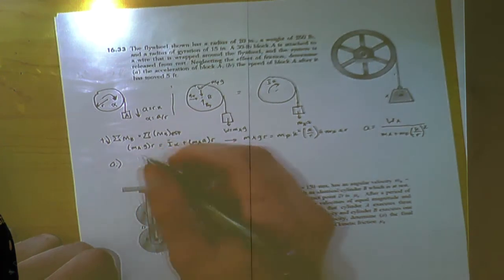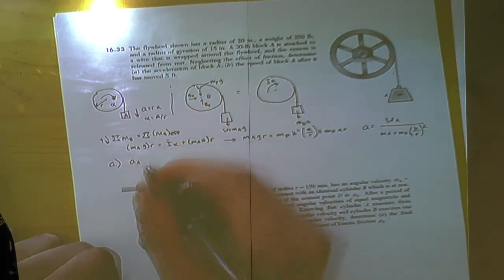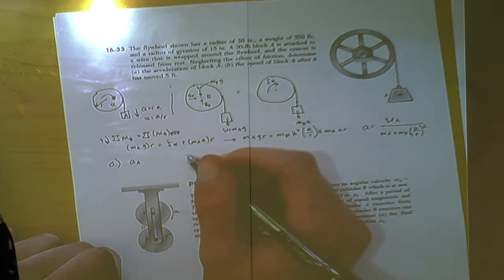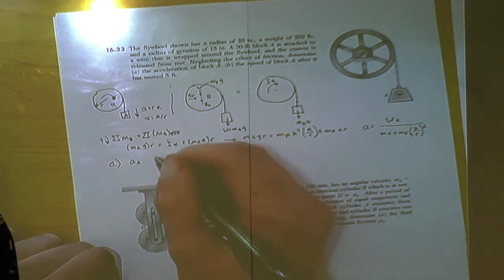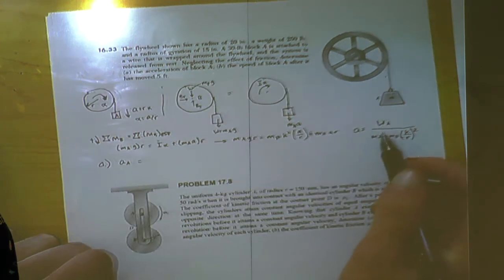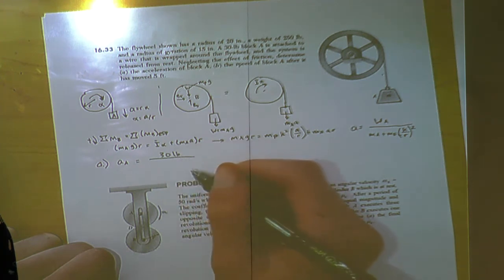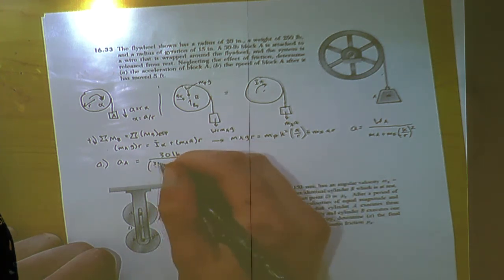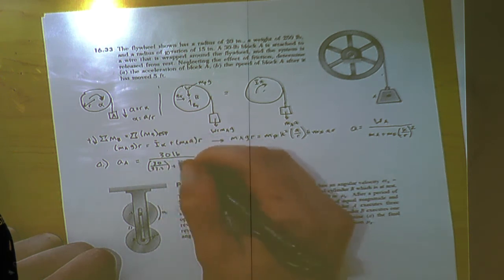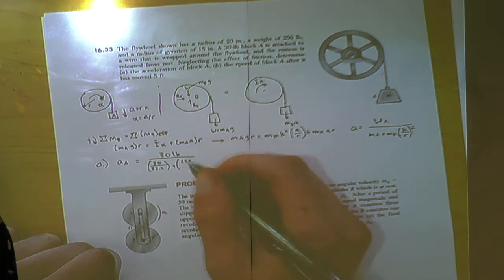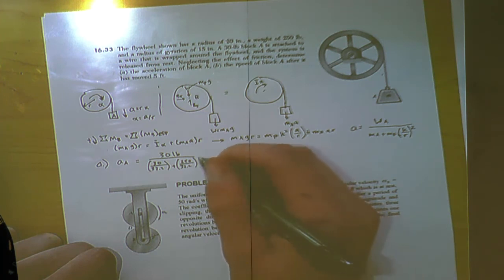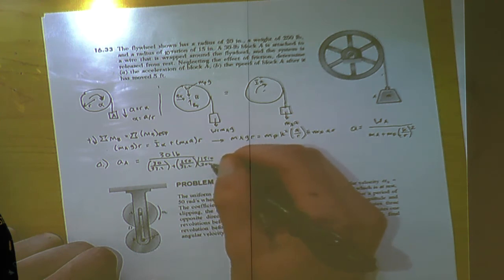So for part A, we are looking for AA. We just plug in the values that we have into this equation that we just got. So we have 30 pounds over 30 over 32.2 plus 250 over 32.2 times 15 inches divided by 20 inches.